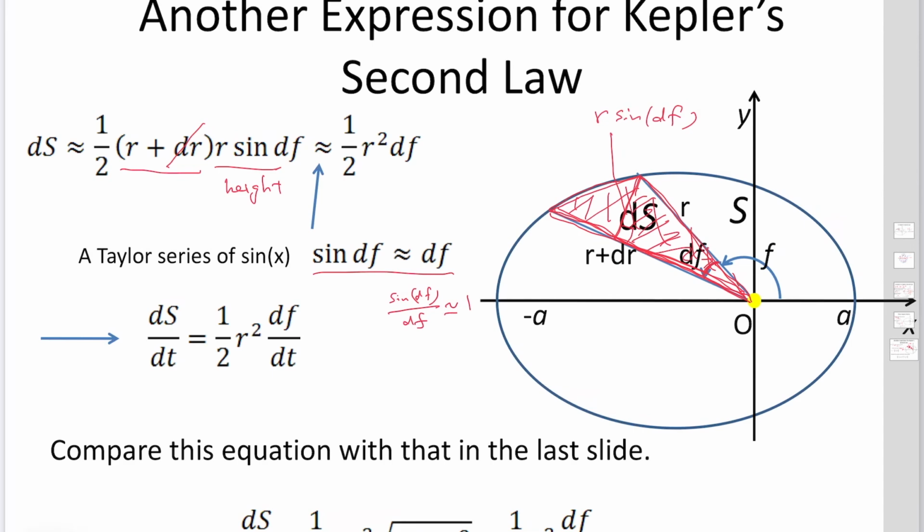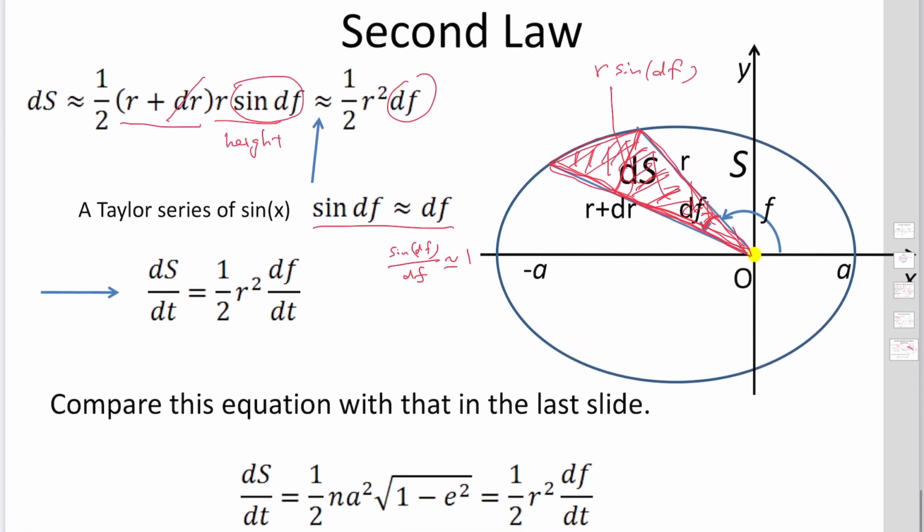So we use this relation. So sine df becomes df. So the area of this region is expressed as 1 over 2 r squared df. So Kepler's second law, dS, can be expressed by this equation: 1 over 2 r squared df.